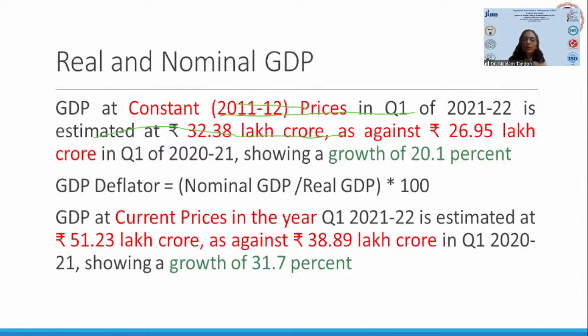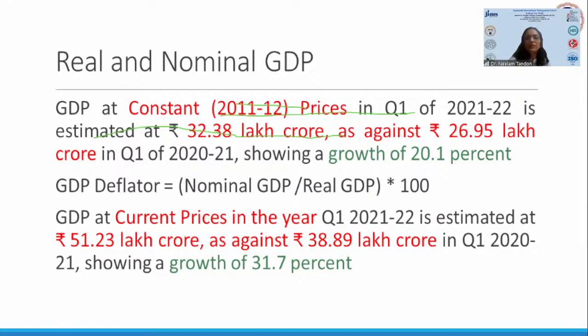So what you read in the newspaper, the GDP growth rate, that is nominal GDP. Can you see here? The same year GDP. We are taking GDP of quarter 21-22. Nominal GDP you see is how much? 51.23 lakh crores. But when we take real GDP, then the value comes to 32.38 lakh crores.